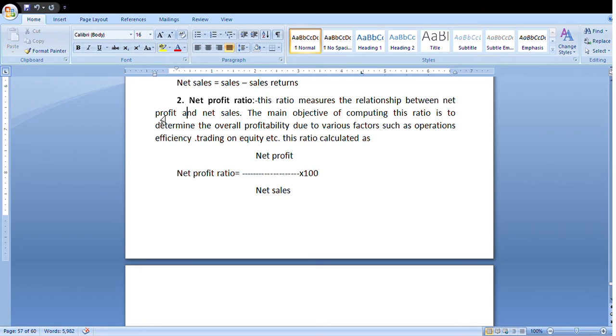The main objective of computing this ratio is to determine the overall profitability due to various factors such as operating efficiency, trading on equity, etc. This ratio is calculated by the formula: net profit ratio is equal to net profit by net sales into 100. This ratio also shows the performance of the business.